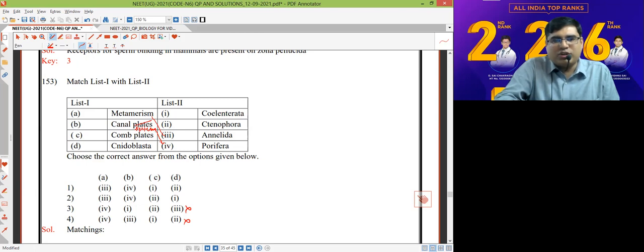Comb plates, of course, are a feature of the ctenophora. And finally, cnidoblast is of course a feature of the coelenterates. So if you correlate all of these, this would be the answer, right? A for 3, then B for 4, and C for 2, and finally D for 1.